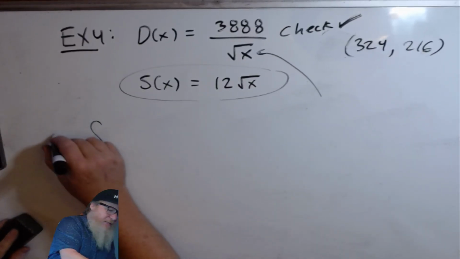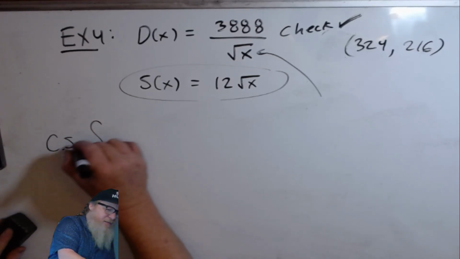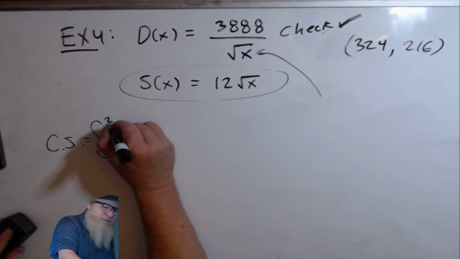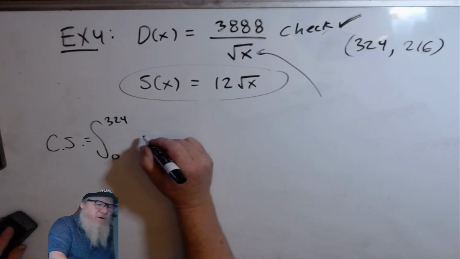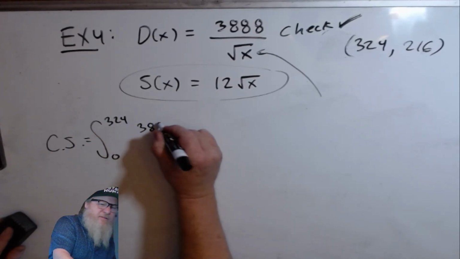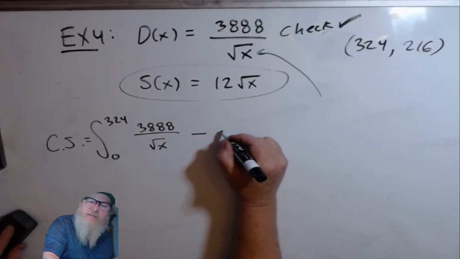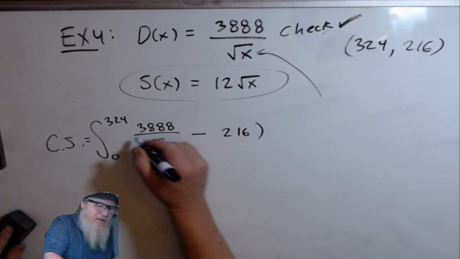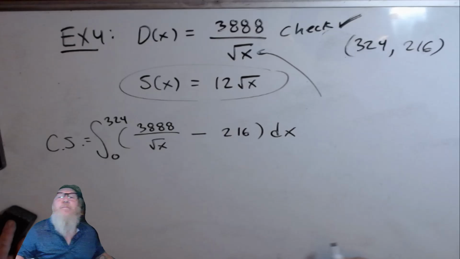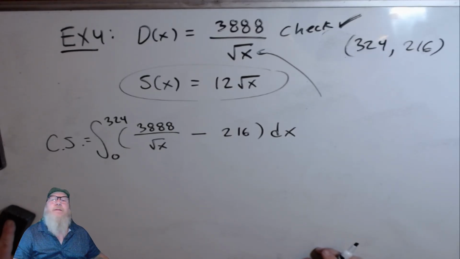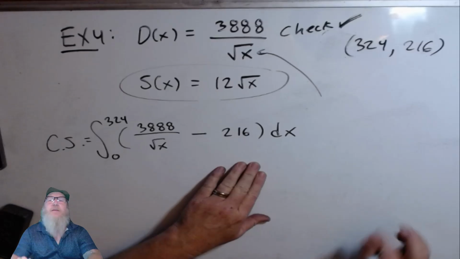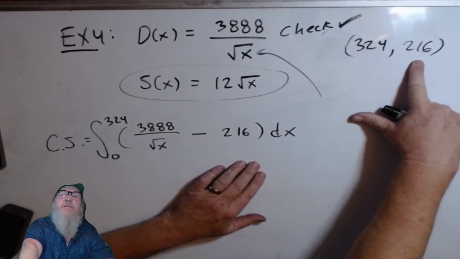So we got CS, the integral from 0 to 324 of 3,888 over the square root of x minus 216. Right? The demand minus the equilibrium price.